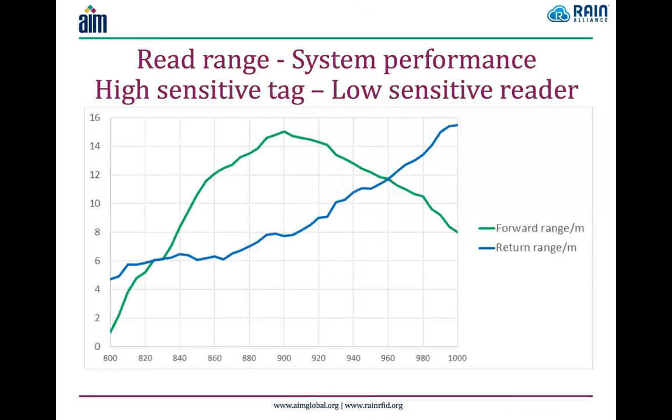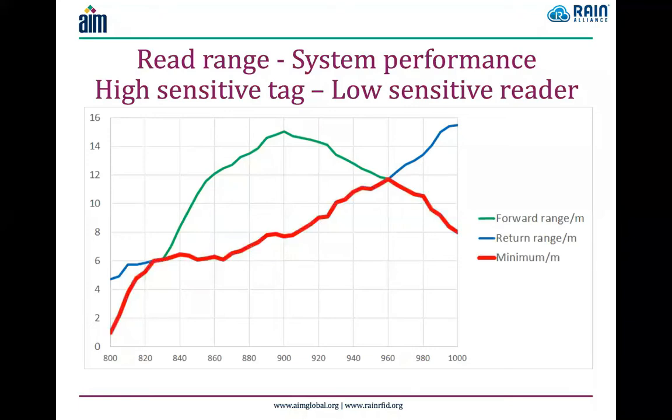So this is just an example of a read range for an RFID tag. The forward range has a peak at 900 megahertz, around 15 meters. And the return range, which is defined by the backscatter power of the tag but also by the reader sensitivity, is something different.